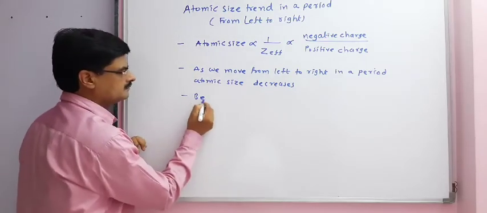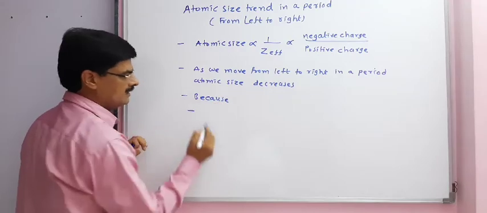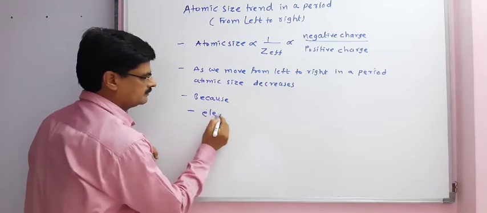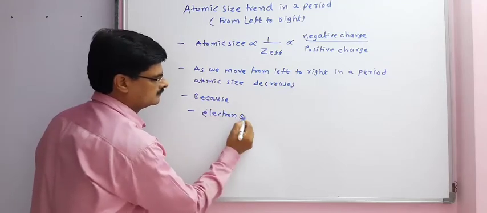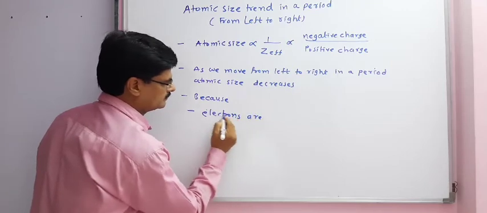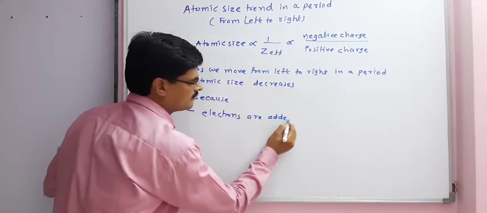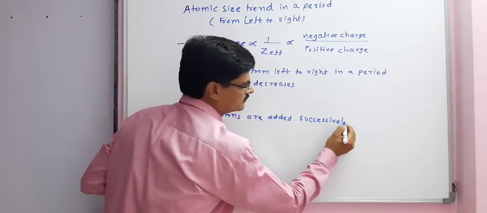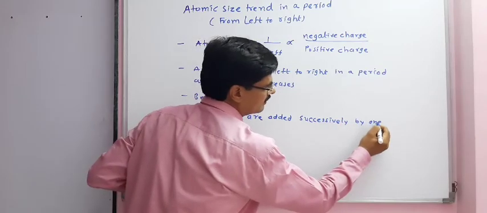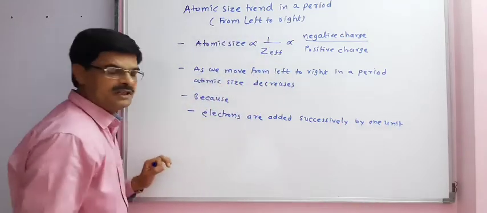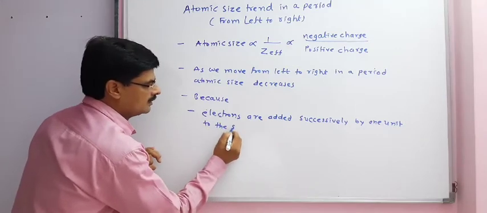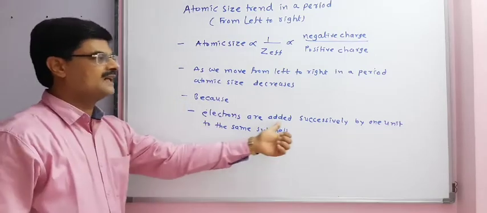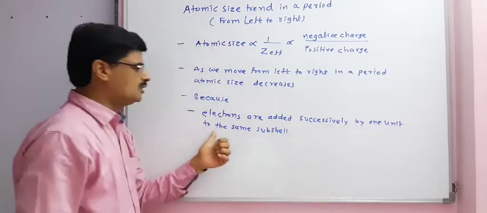Because electrons are added successively by 1 unit to the same subshell. Electrons are added successively by 1 unit to the same subshell.